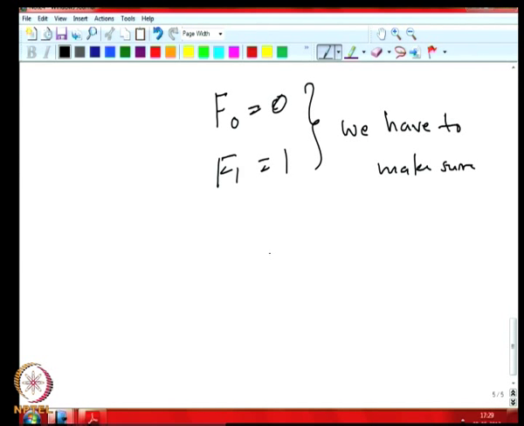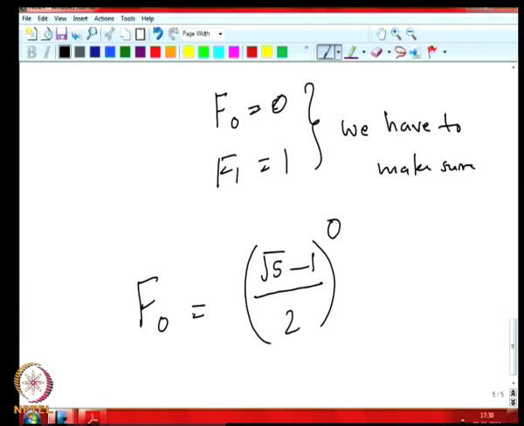So, now for instance if you take root 5 minus 1 by 2 as q and you just put q to the power 0, I am just putting n equal to 0 here, then this will be 1, right, but we know f_0 has to be 0. So, there is something wrong about it.